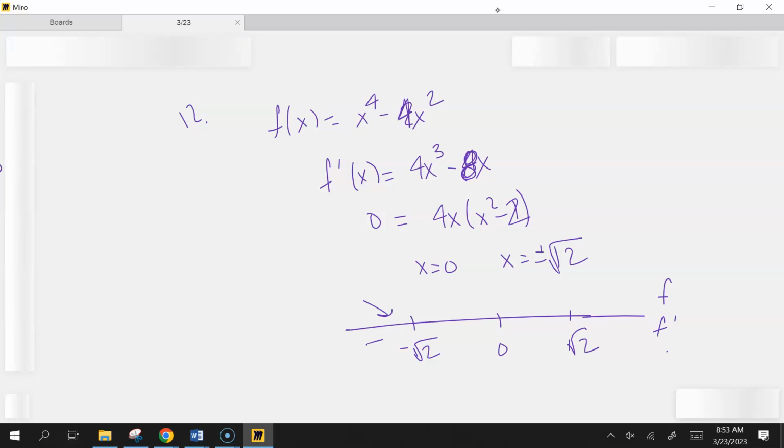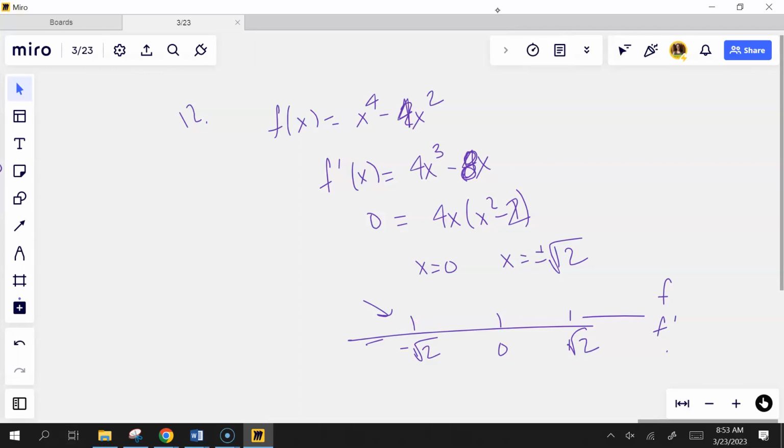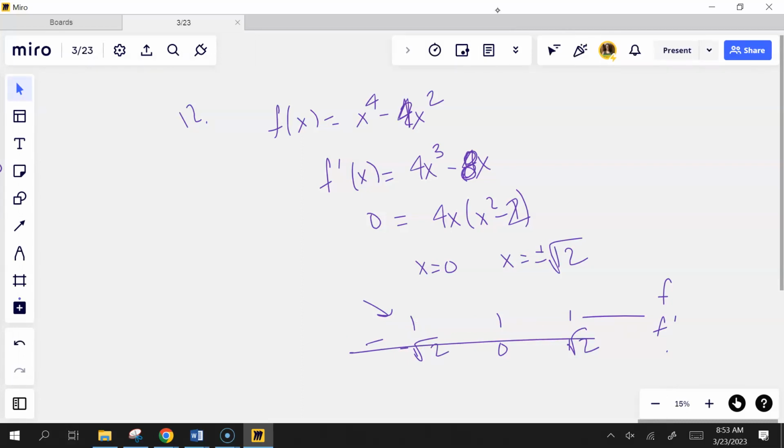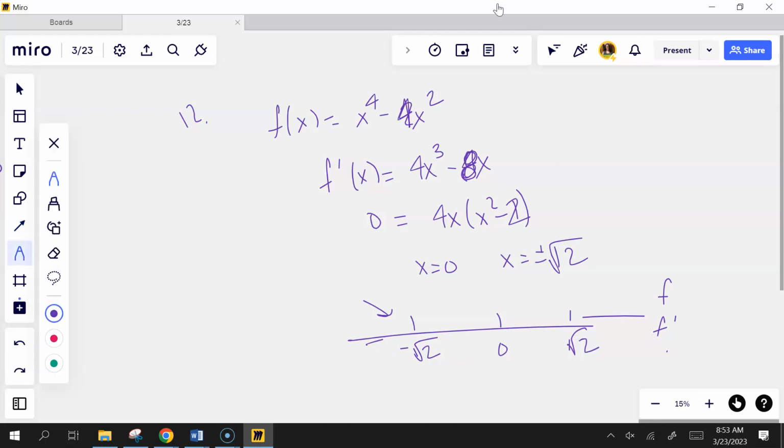So that'd be positive. Then if I put +1, I get 4 minus 8, which is negative. And then a really big number is, of course, going to be positive. So I got 2 minimums and 1 maximum. What did they do with it?